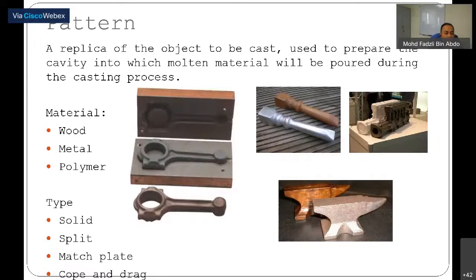Basically wood. Then there are 4 types of pattern, which are the solid pattern, the split pattern, the match plate pattern, and also the cope and drag pattern.